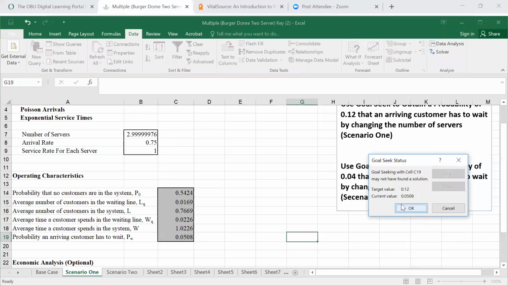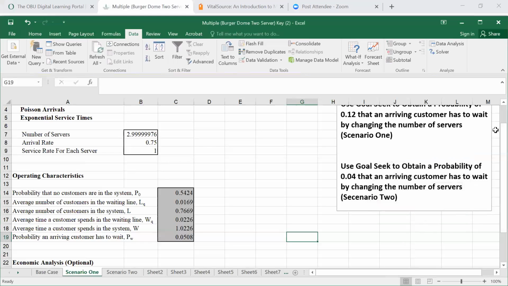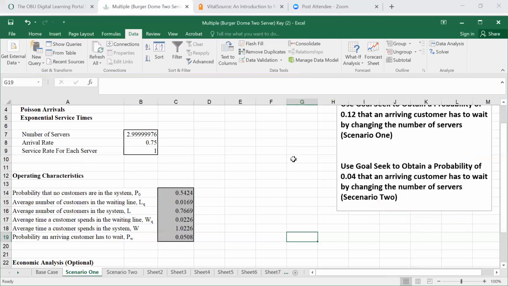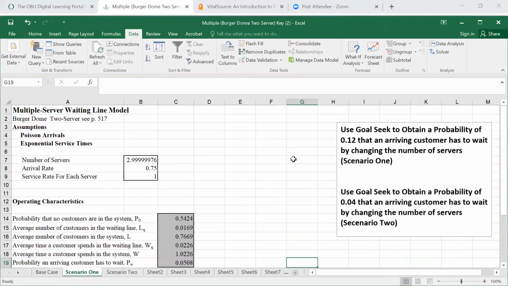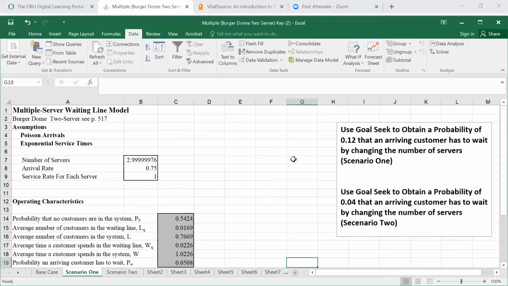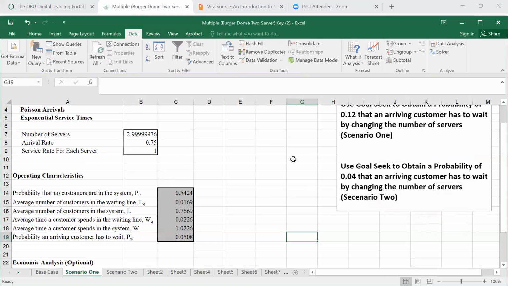All right. Now, notice what's happened here. We've got this figure, and we used the goal seek to obtain a probability of 0.12 that an arriving customer has to wait. We change the number of servers.